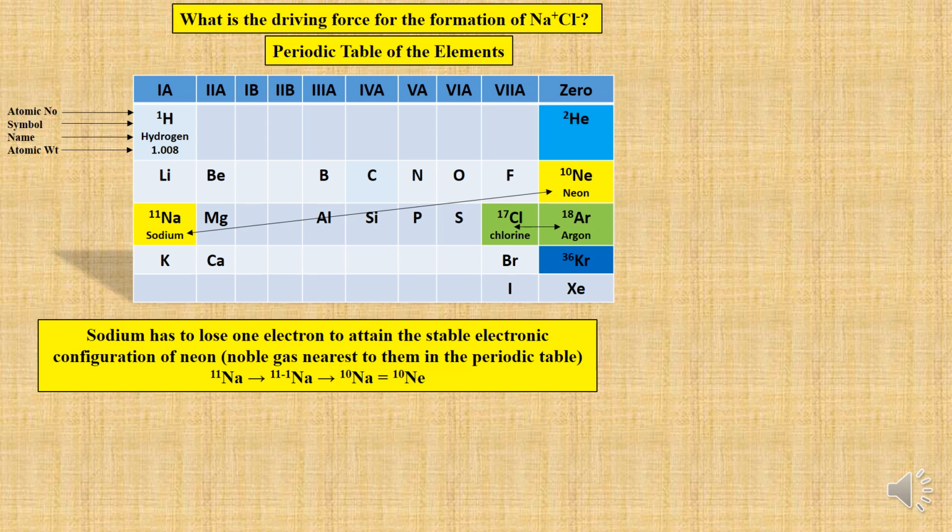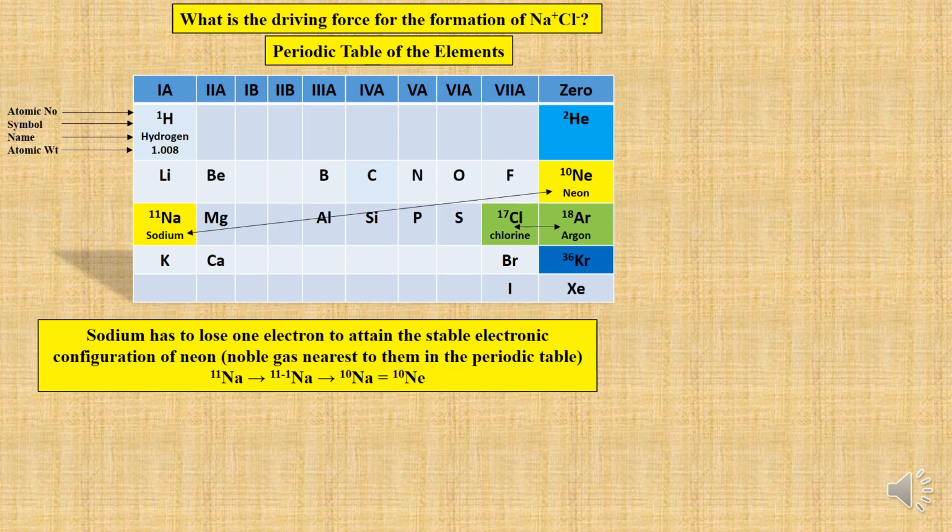In order to do that, sodium has to lose nearly 9 electrons to attain the electronic configuration of helium, which is energetically unfavorable and a highly energy demanding process. And if sodium has to attain the electronic configuration of argon, it has to gain 7 electrons, which is again energetically unfavorable and a highly energy demanding process.